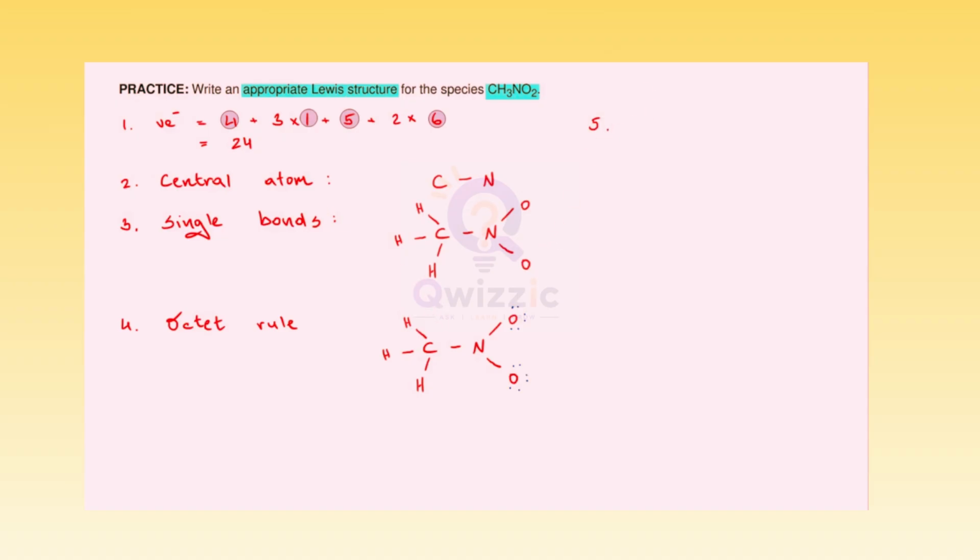So first of all, if we calculate the number of electrons present, we have 1, 2, 3, 4, 5, 6 bonds. First of all, let's write down the number of valence electrons unassigned.